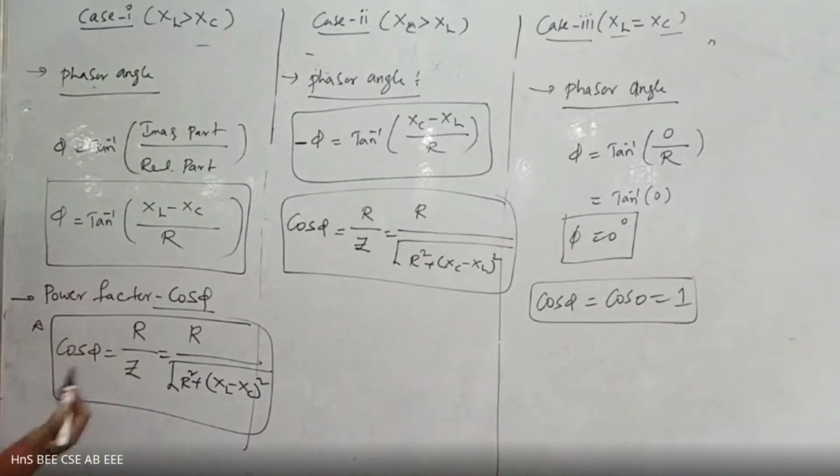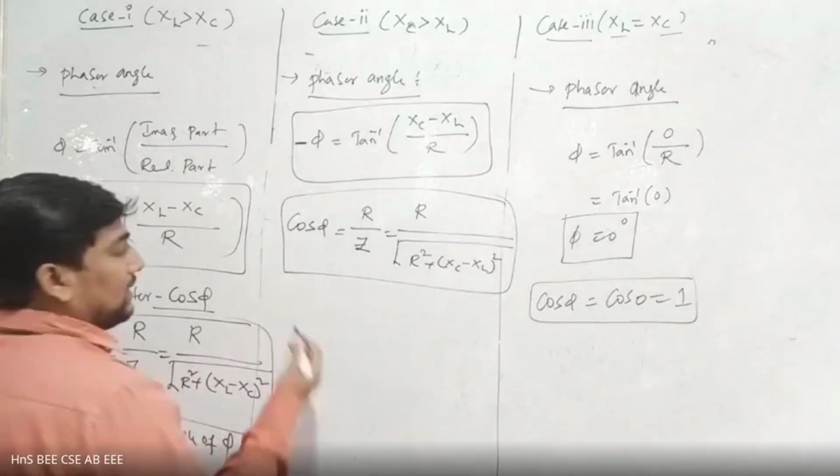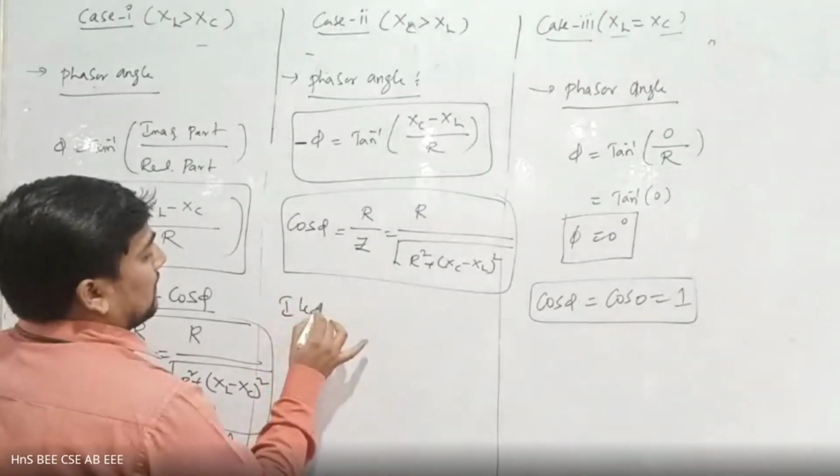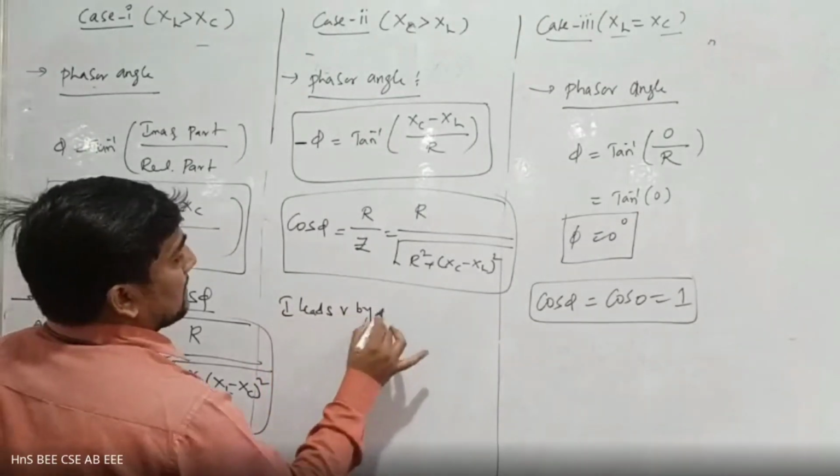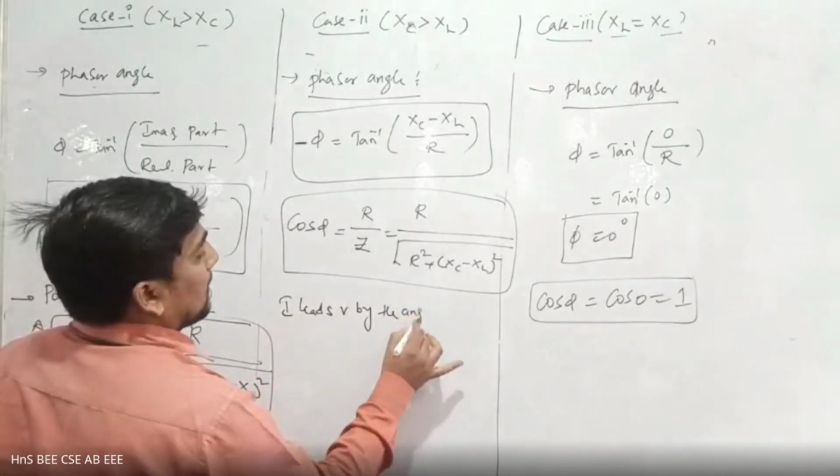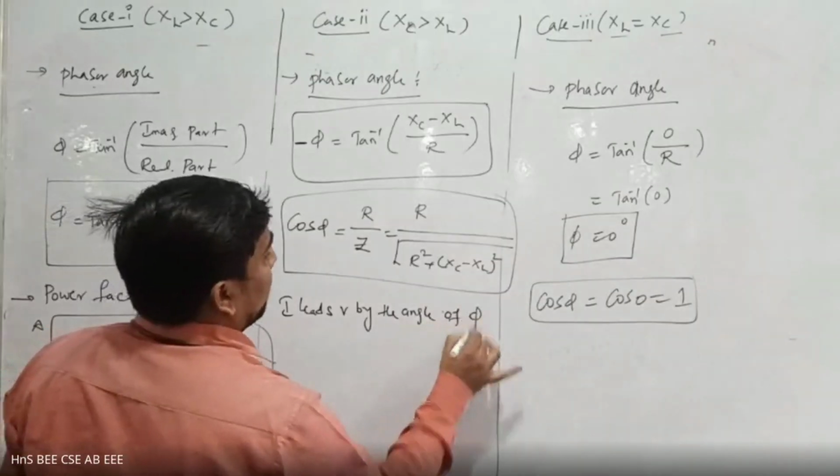Now, in this, which is the leading position, which is the lagging position? In the first case, voltage leads current by the angle of phi. But in the second case, current leads voltage by the angle of phi.